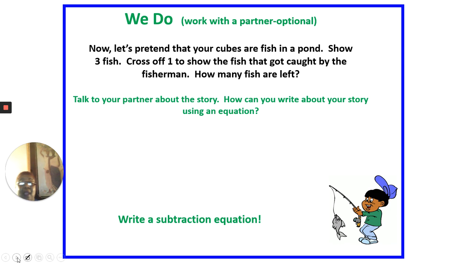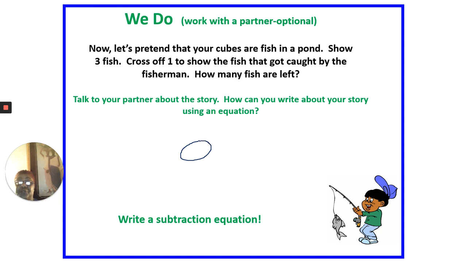How can you write about your story using an equation? What would your equation be? Okay, let's see if you have what I have.